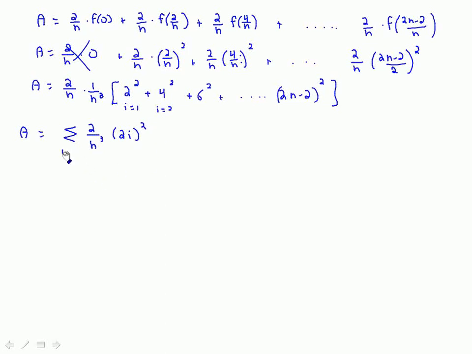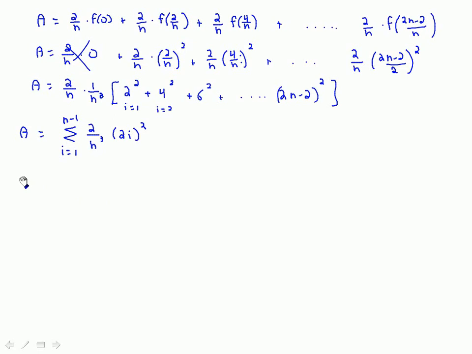And we're taking this from i is equal to 1, but we're not going all the way up to n because we dropped one term. So it's actually going to be n minus 1. There were n originally, but because the first one was 0, we have n minus 1. Now that's going to come into play later on.